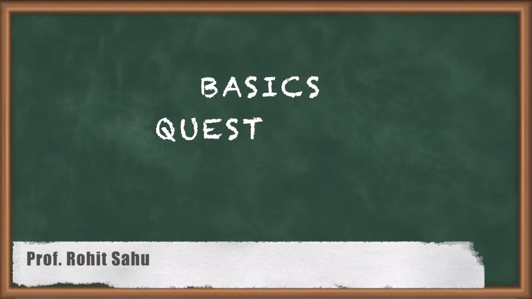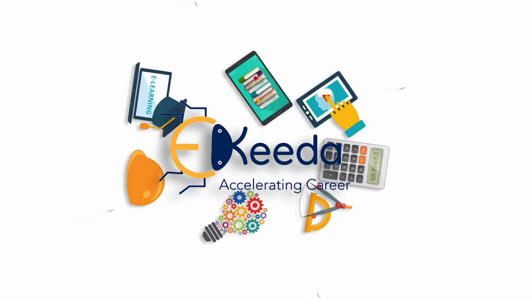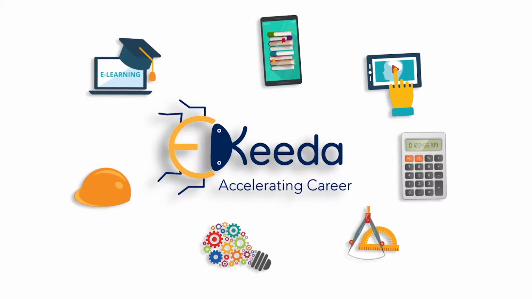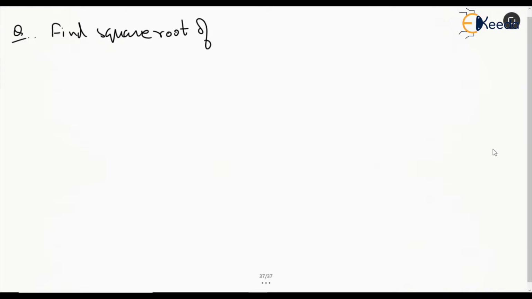Hello everyone. In this session we'll see a question on the basics of complex variable. So this question is: find the square root of -5 plus 12j.